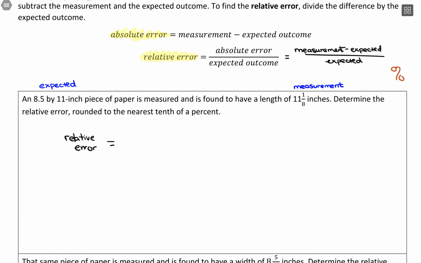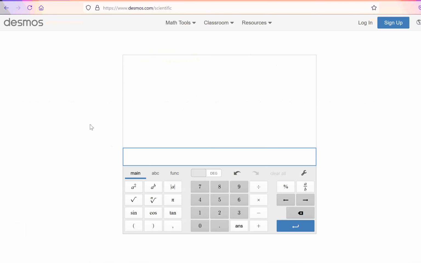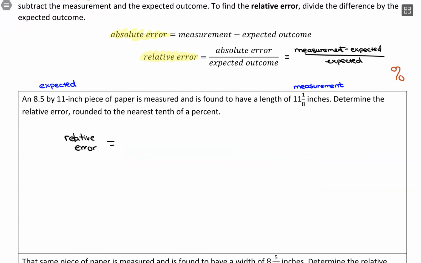But I want to show you that if you want the decimal form of 11 1/8 inch, you can just get the decimal for 1/8. If it's 11 1/8 of an inch, then you're just adding that 0.125 onto 11. So this is really 11.125, which makes the math a little simpler.